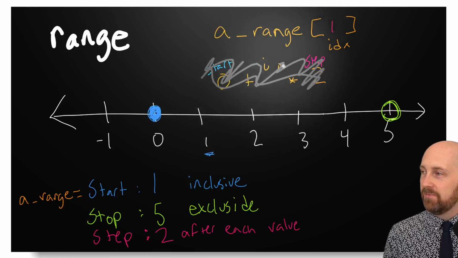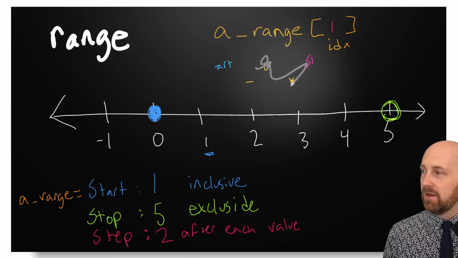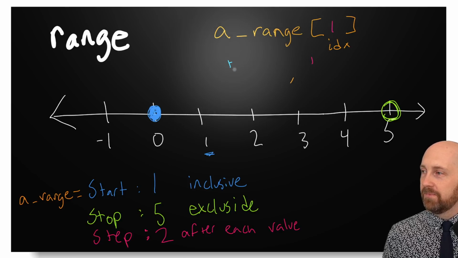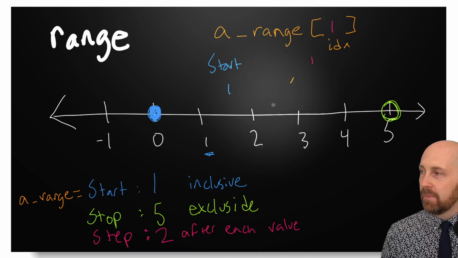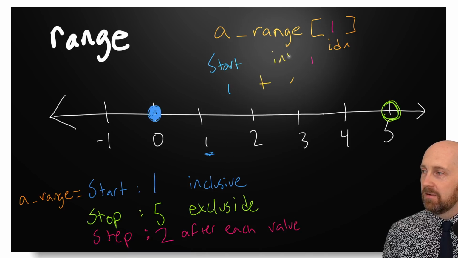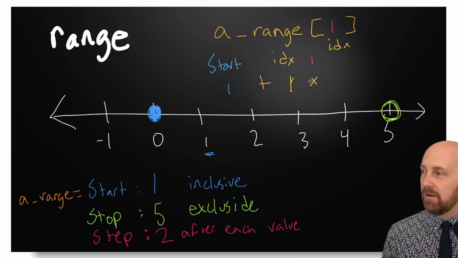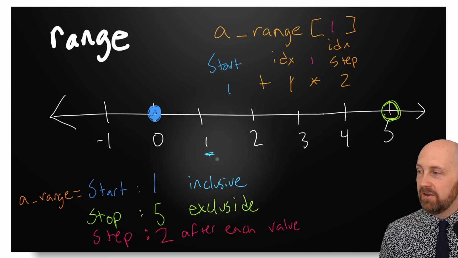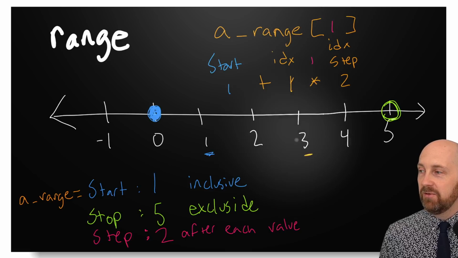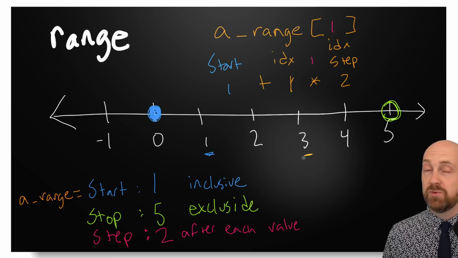Our calculation would be our start, which is 1, and then we add on to that our index, or idx as we were shorthanding this, which was 1, multiplied by our step, which was 2. So 1 plus 2 is 3. And so the item at index 1 in this range would be 3.